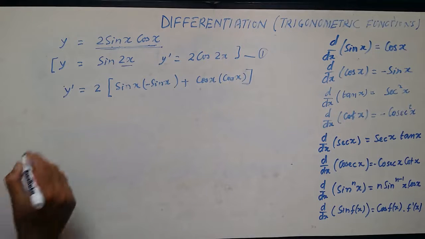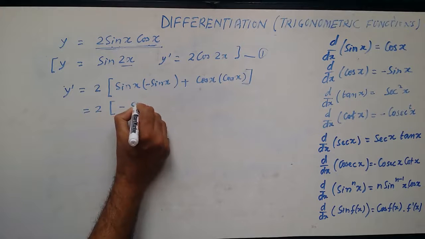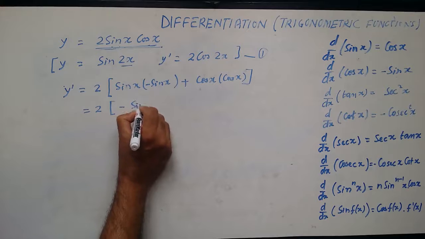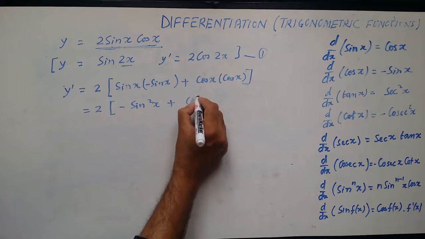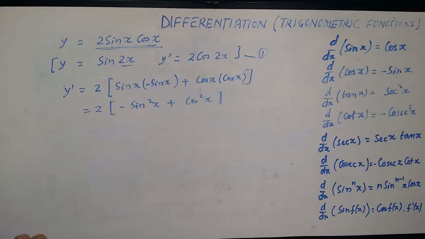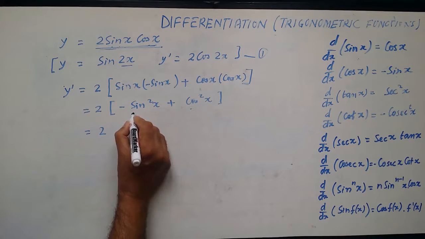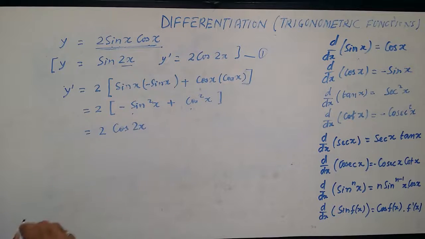Cosine of x. Okay, so we have here 2 into minus sine square x plus cosine square x, which is the same as 2 into cosine square x minus sine square x. Again we apply the identity, so we get 2 cosine of 2x.